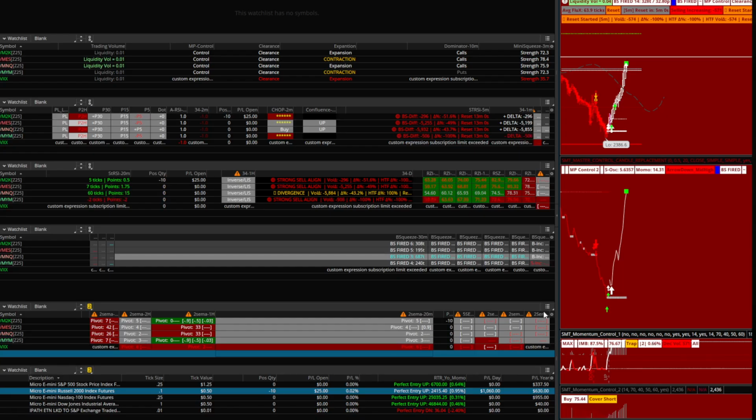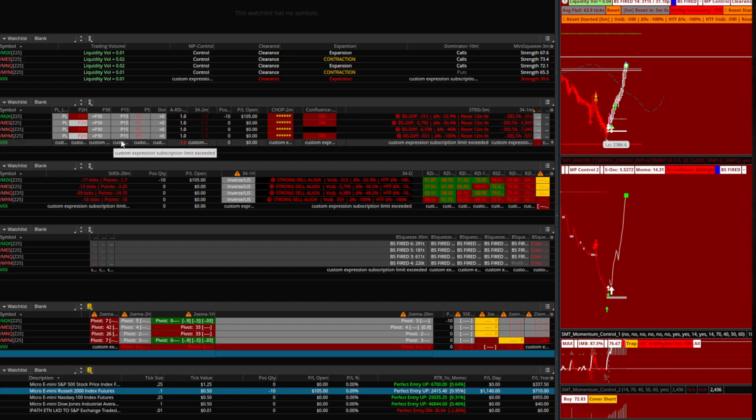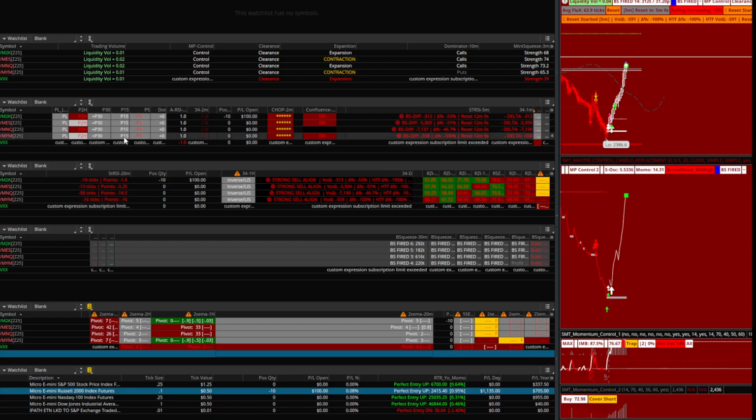We can see in all of the indices they're starting to short. If we can get this P15 to trigger with distribution, we're going to be looking good.